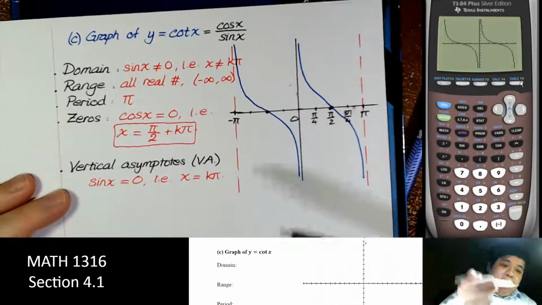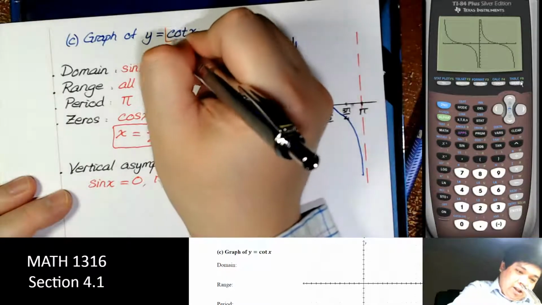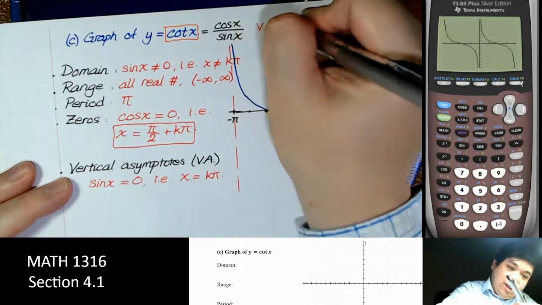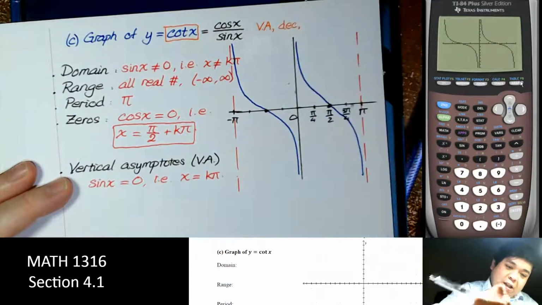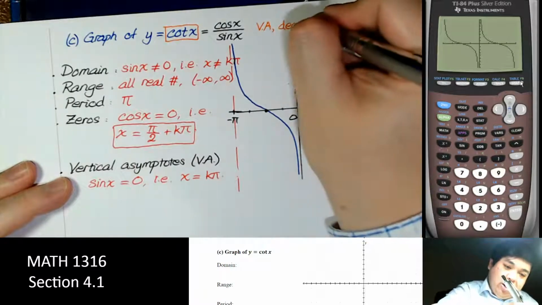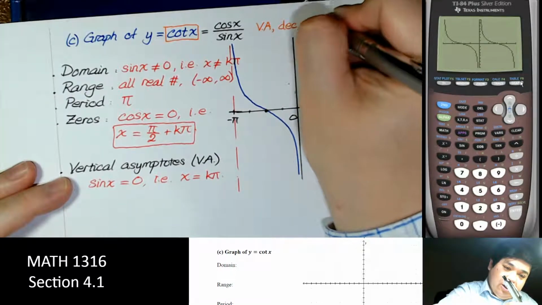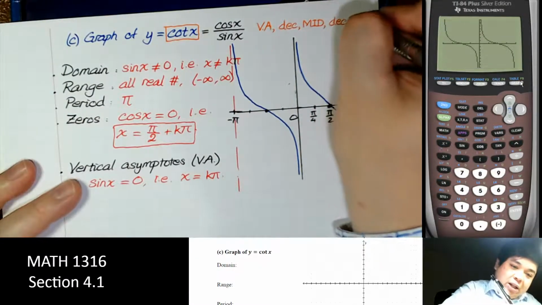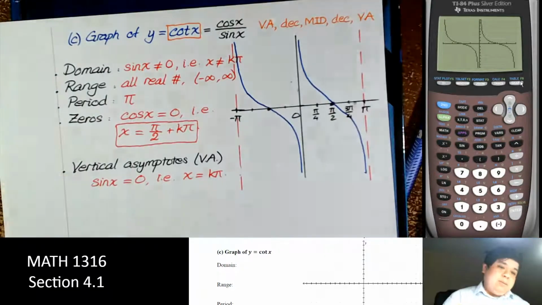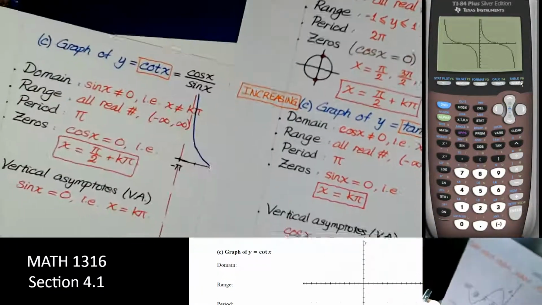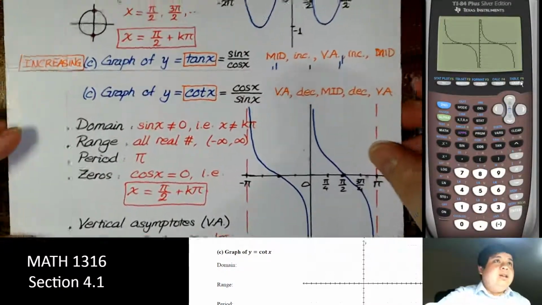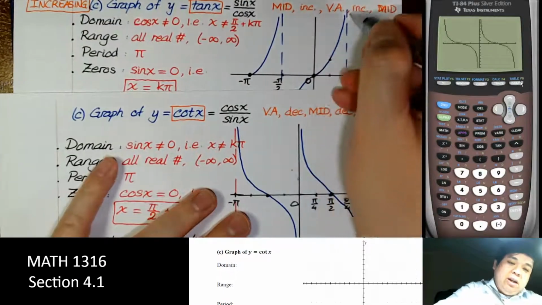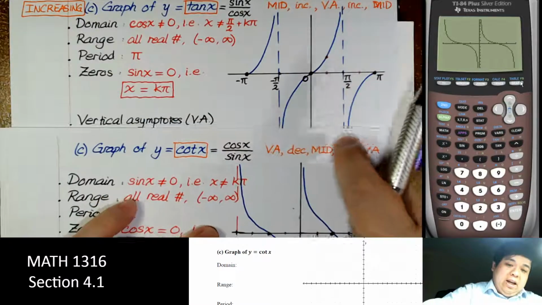Finally, the characteristic of cotangent x. We start from the vertical asymptote and then decrease to the middle. Keep decreasing until we hit the vertical asymptote again. In comparison, tangent starts from the middle, increasing to the vertical asymptote and then increasing.